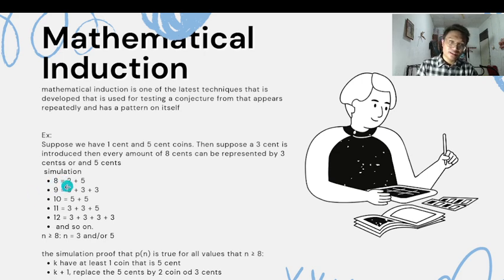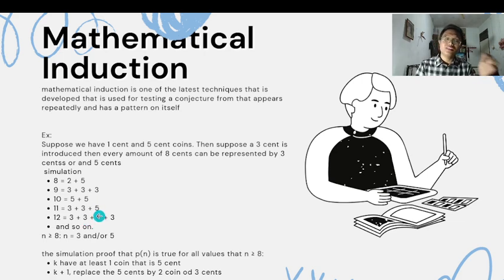First, there is 3 added by 5, but in 9 it is replaced by 3 added by 3 added by 3. And then again here, we have 5 added by 5, that is equal to 10. But then in the next simulation, 11 is equal to 3 added by 3 added by 5.